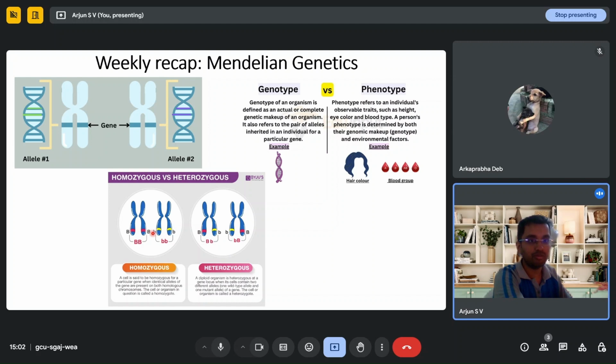They can be homozygous dominant or homozygous recessive, or in a heterozygous system, the alleles will be different from each other. They will not be identical. We'll look at how heterozygous systems give rise to dominant systems or codominant systems.